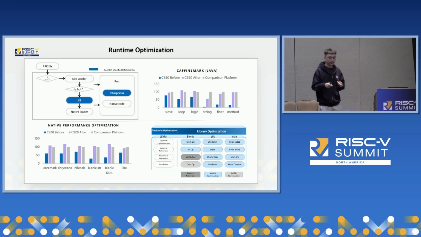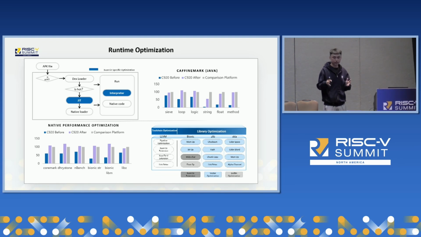This slide is about Android CPU optimization. The upper half of this page is about Android optimization, and this is about the ART runtime. We focus on JIT and interpreter optimization with our Xuantie specific instructions, and we use a benchmark to measure it.